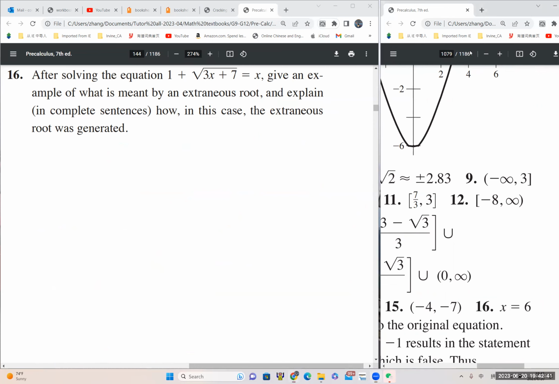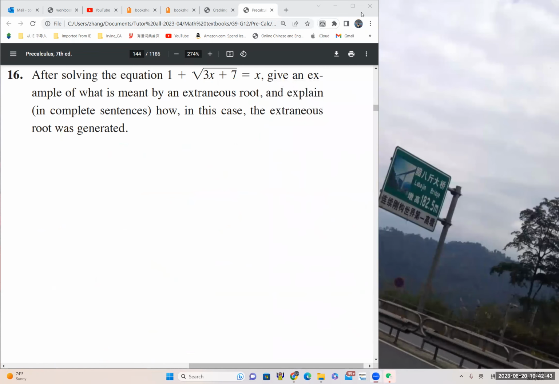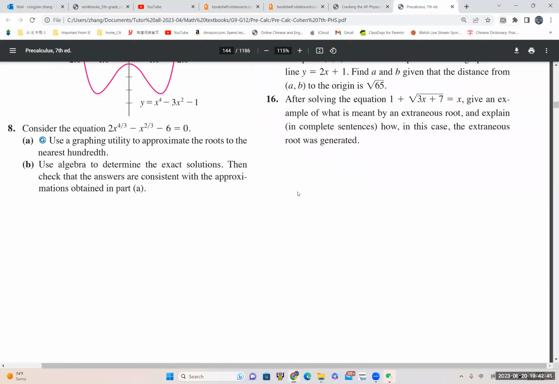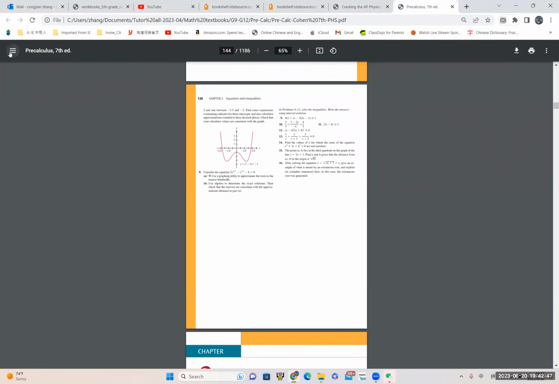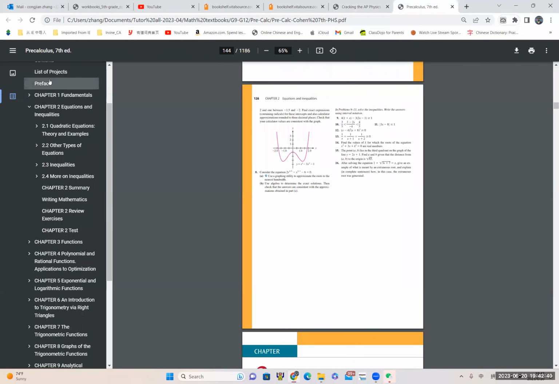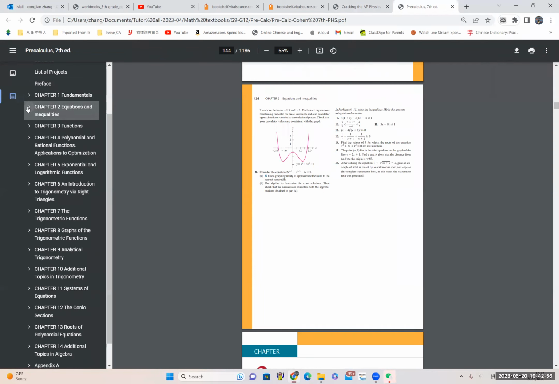Okay, then we finished chapter 2. Now let's check chapter 3 to see if we'll just do the chapter test or go through it section by section. Function.